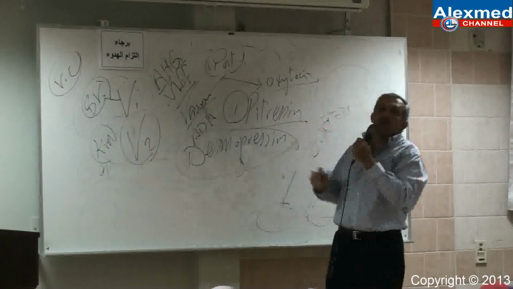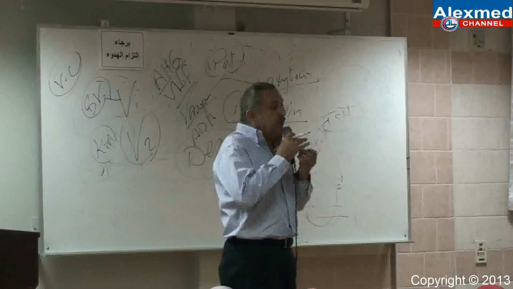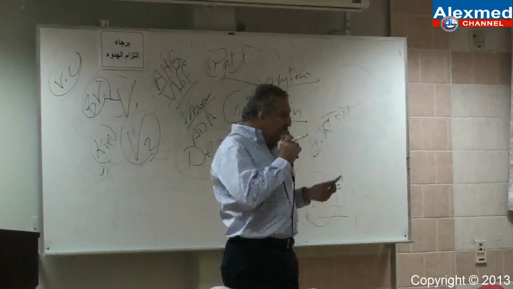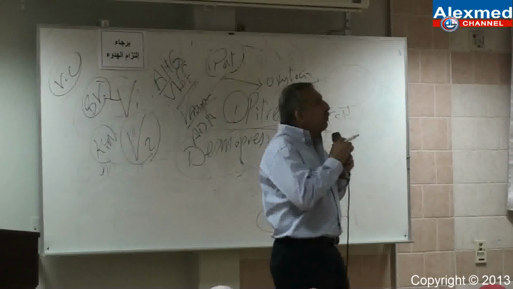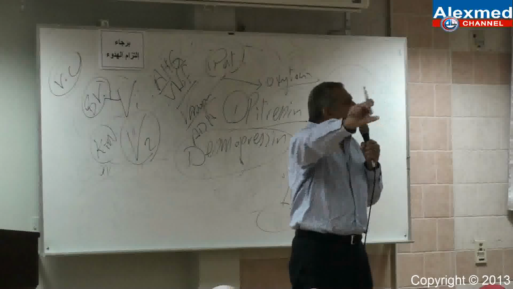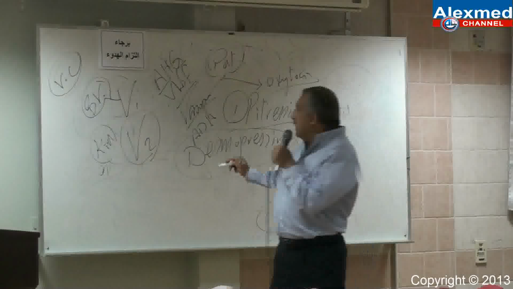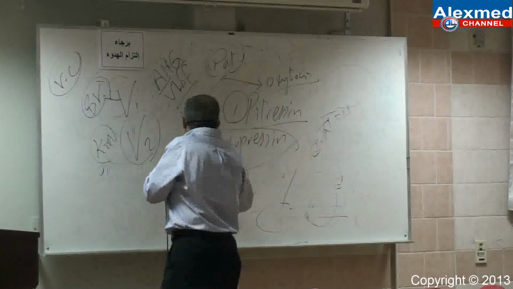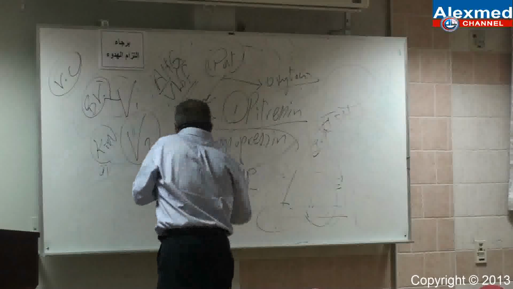This is the drug of choice in treatment of pituitary diabetes insipidus. This is the drug of choice. Why? It can be given by injection, but more important, it is given by nasal spray and recently orally.